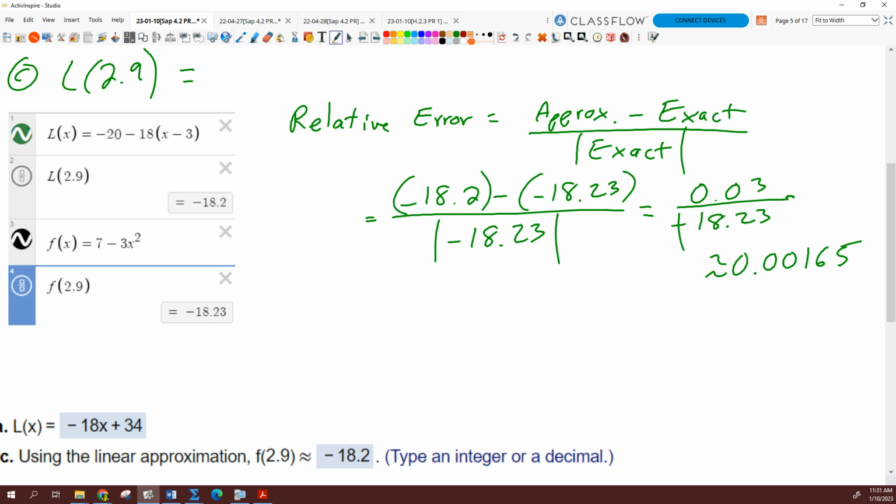Okay. A lot of times it's easier to turn that relative error into a percent error. All that means is you're going to take that decimal and write it as a percentage, because it's easier for us to think about things. We work with percent so often that it's easier for us to conceptualize a percentage than just a plain old decimal number, right? So if we convert that, percent error just equals 100 times relative error.